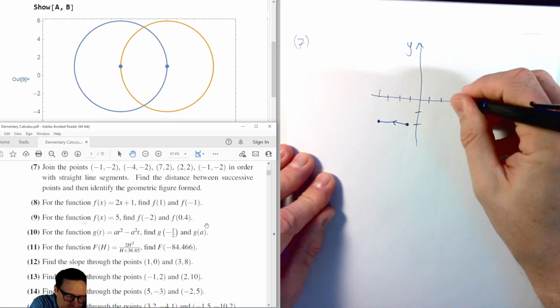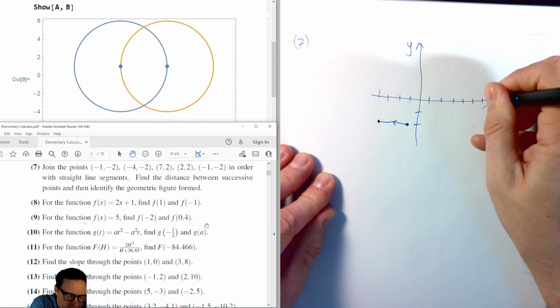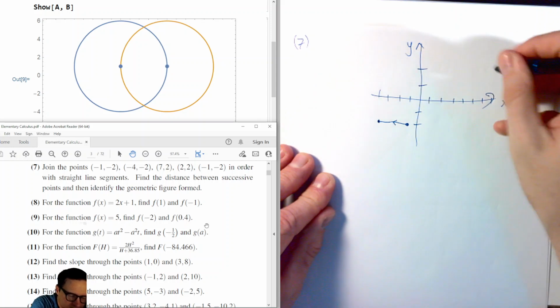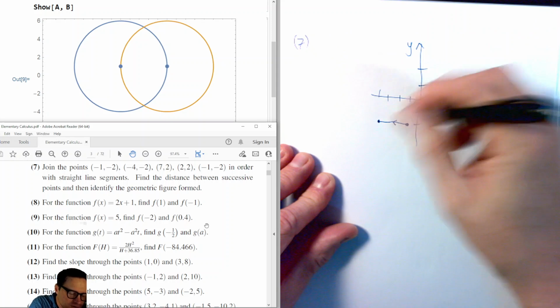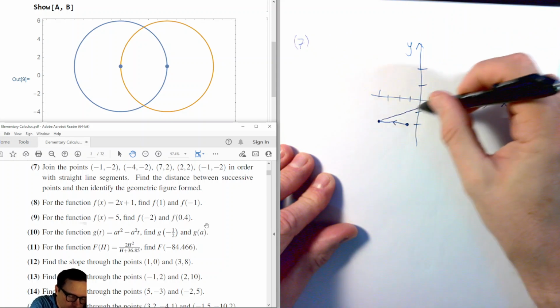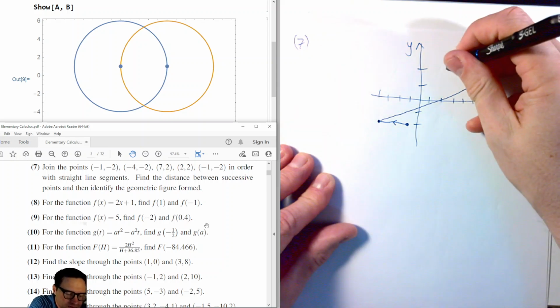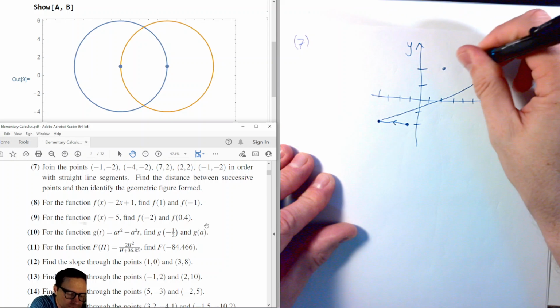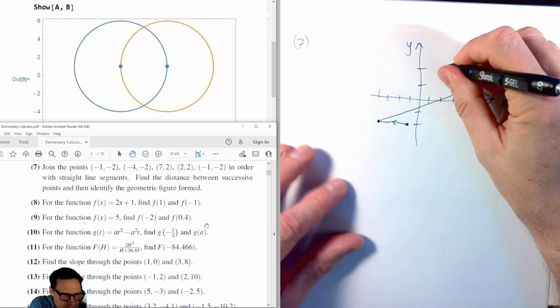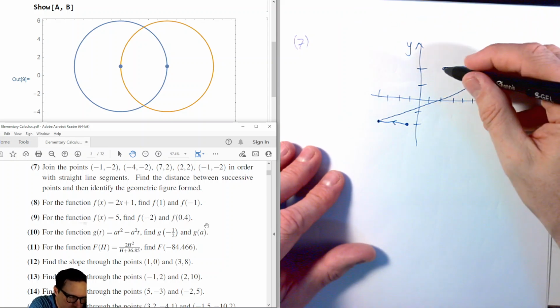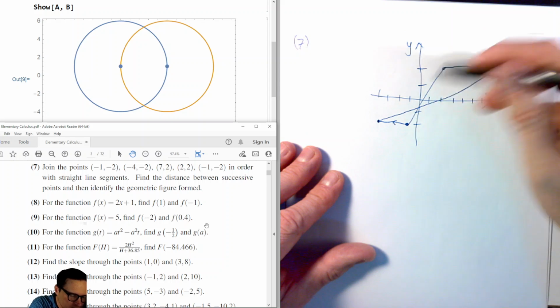So 1, 2, 3, 4, 5, 6, 7, 1, 2. So we go there. That'll look something like that. And then to 2, 2, 2, 2 would be here. And then to minus 1, minus 2. So back to where we started.